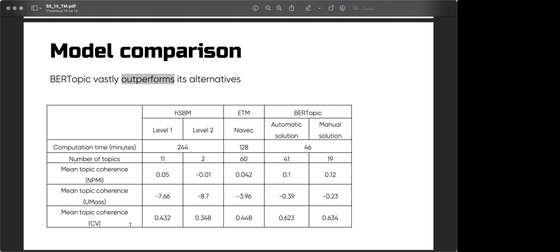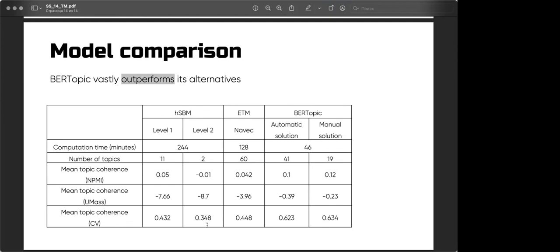I infer the majority of quality from UMass and PMI because CV is less indicative of quality coherence, but based on each of those metrics, we can see that BERTopic, the last approach, outperforms its alternatives greatly. It is faster and it produces more coherent topics, but depending on which metric we want to look at, we will see different gaps in the quality.